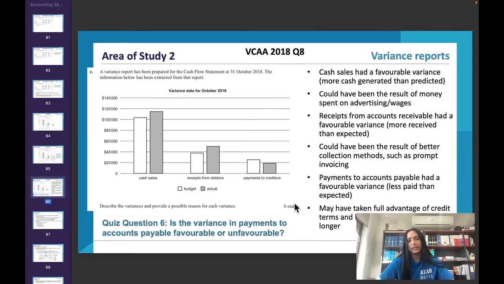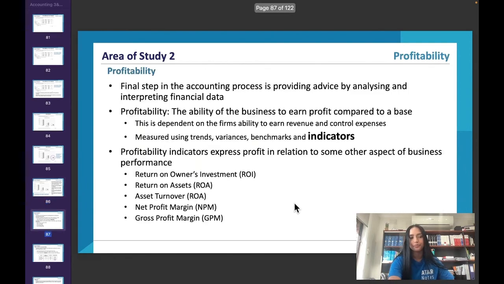And this could have been the result of the business paying less to the supplier than what was expected, which basically means that the business may have taken full advantage of the credit terms offered by the supplier and kept cash in the business for longer.